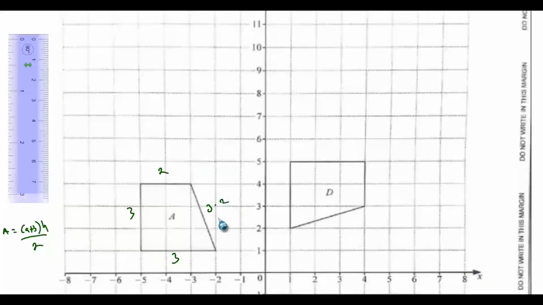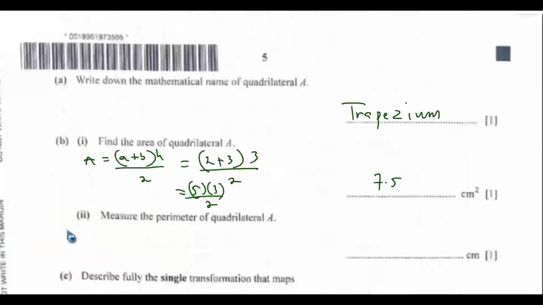Now the perimeter will not be the addition of this. We are not expected to calculate this side, which is why we are asked to measure. Since we know this, this, and this, just place your ruler on this last side and measure it out. So I will add 2, 3, 3, and 3.2.